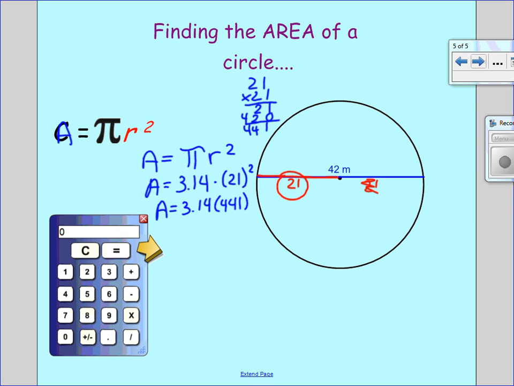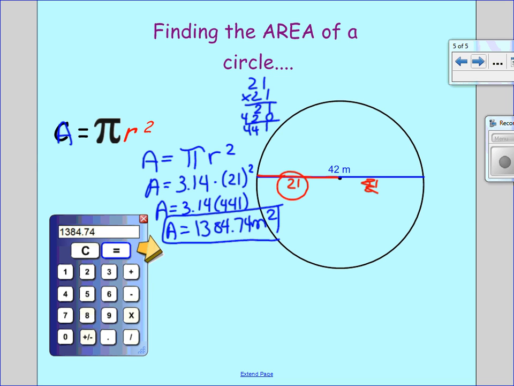Then we can figure it out using our calculator. Area equals 3.14 times 441, and we have an area of 1,384.74, and our label is in meters, square meters.